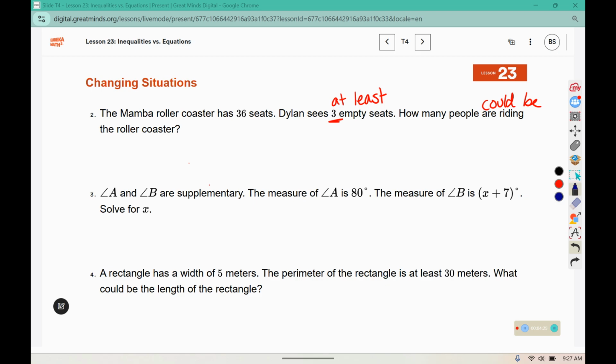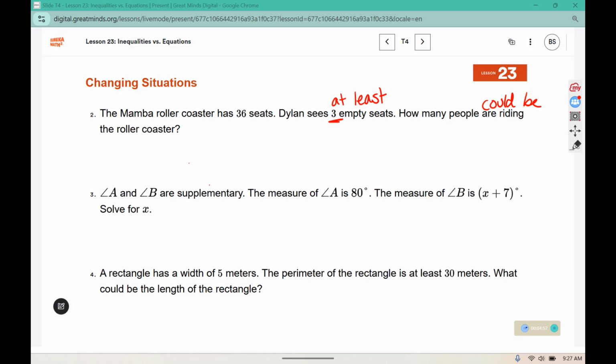These two are supplementary. The measure of angle A is 80, and the measure of this is x plus 7. Now, we could either change angle A to at most 80 or less than 80. We could also change it from saying supplementary to saying it is less than or equal to 180 degrees.